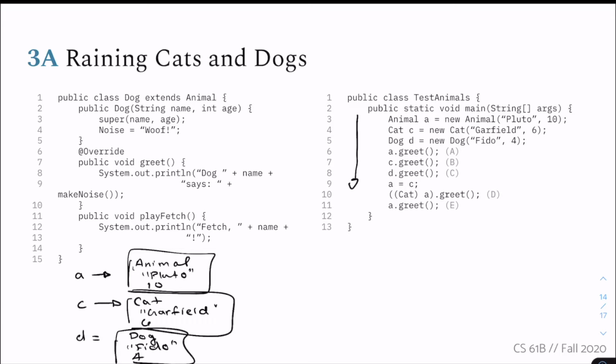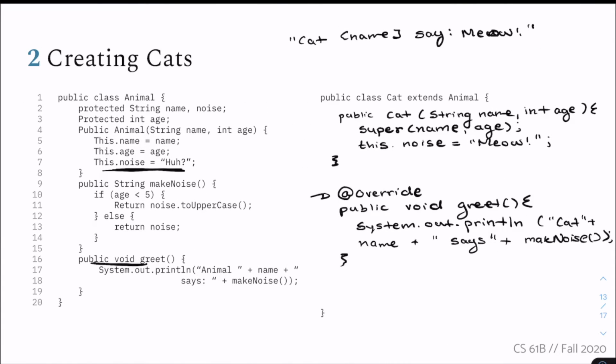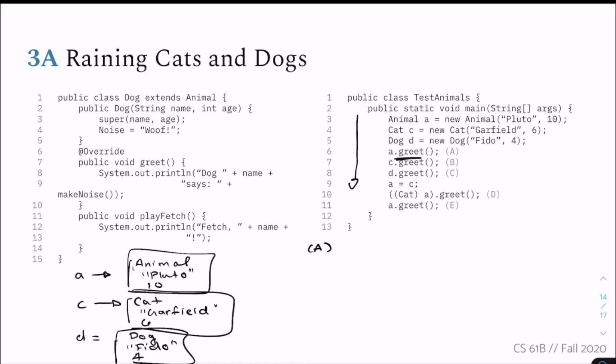So the first thing that's called is a.greet. So a.greet refers to animal.greet. So the first thing that we'll do is go back to our animal class and see what the greet function returns. And in this case, it returns this, which means that we can do animal, and the name of the animal is Pluto.